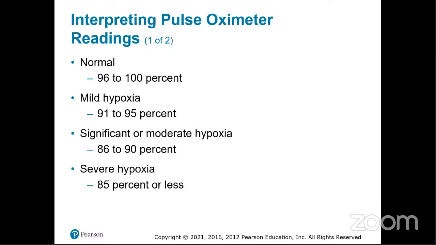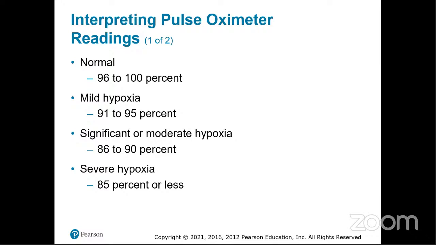So some ranges. The other thing to consider is that these are all normal as if you are on the beach in California at sea level. The higher in elevation you go, the normals drop. So for us, our normal around here is 95 to 96, just because of the elevation and the concentration of oxygen.